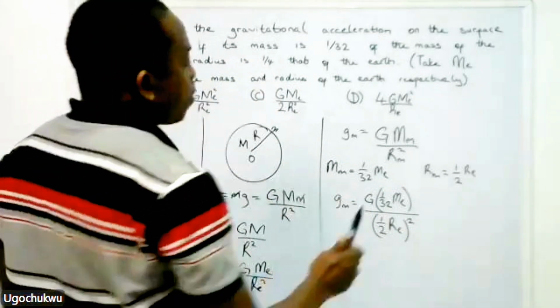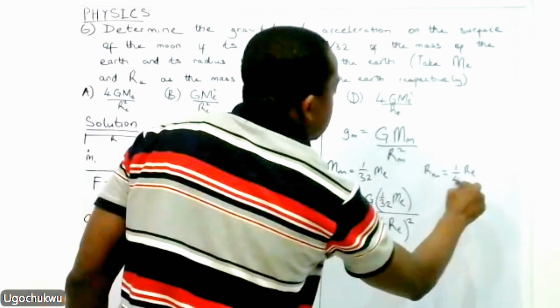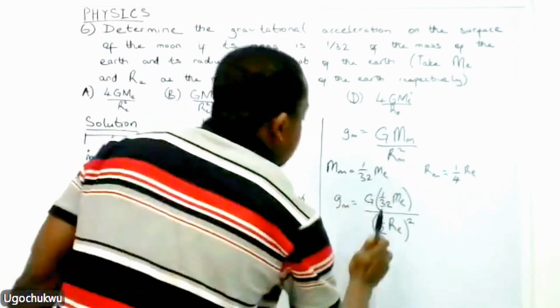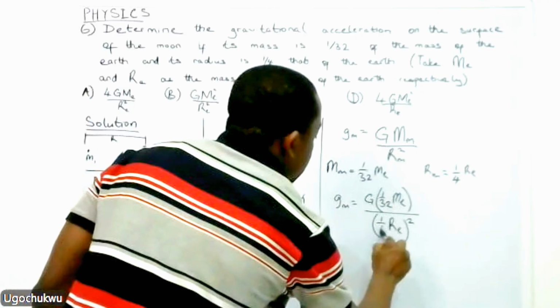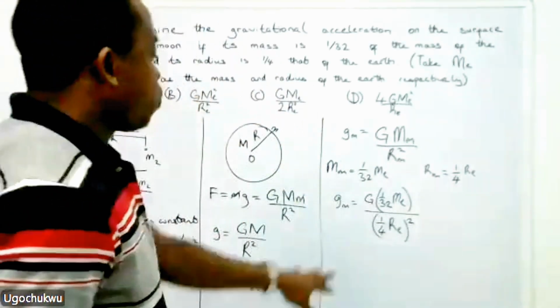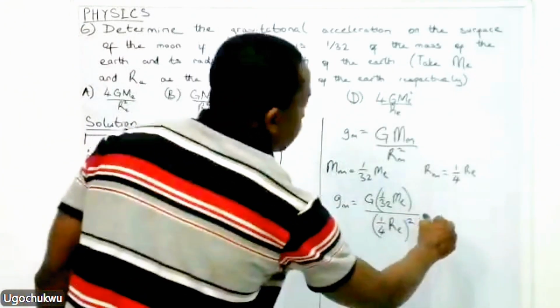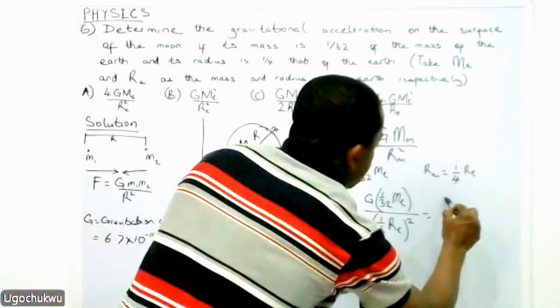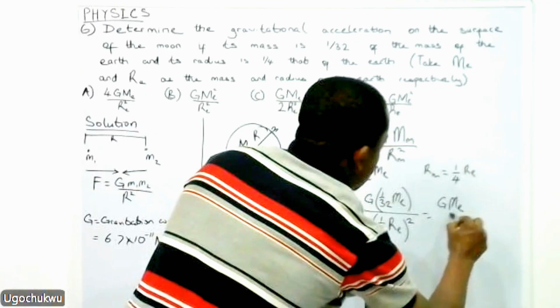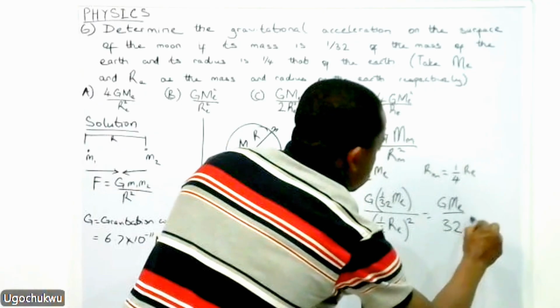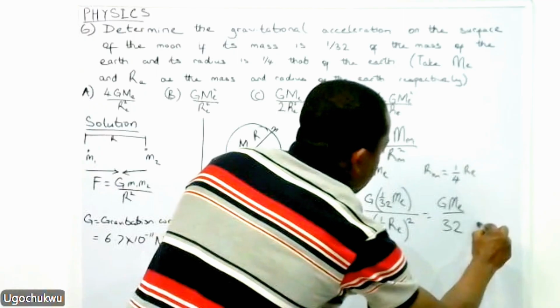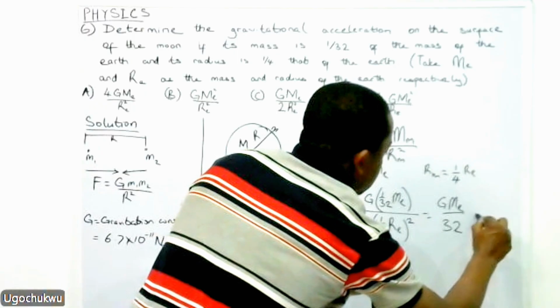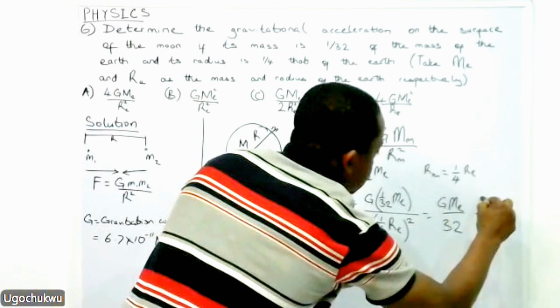Okay, so this is 1 over 4, rather. The radius of the moon is 1/4 the radius of the Earth. So if we simplify this, we're going to get G ME all over 32 RE squared, and this 4 squared will go up, but that's 16, right?